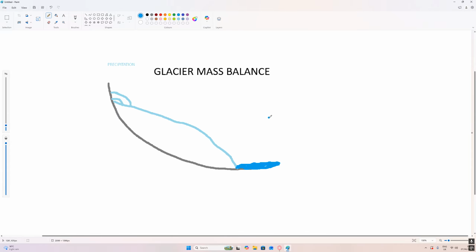Now this is basically a word for the leaving of sediment, material, or meltwater from the glacier: it is ablation. This meltwater is a big part of ablation, which is just, as I said, the leaving of material from the glacier.